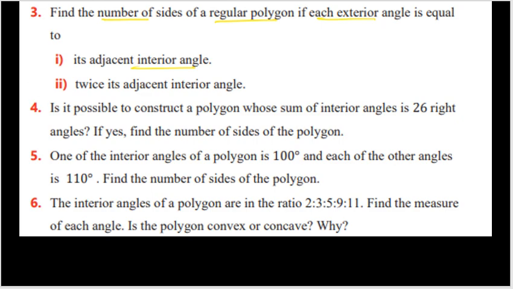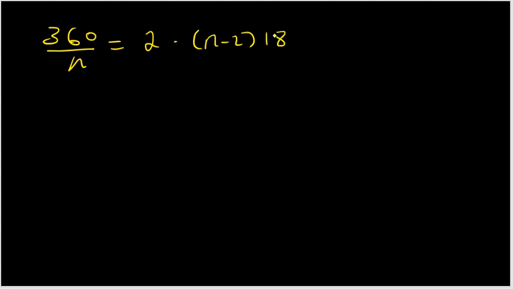And the second one says, what if each exterior angle is twice its adjacent interior angle? Okay, the exterior angle is twice. That means again the exterior angle, 360 over n, is equal to twice each interior angle, 2 times (n minus 2) times 180 over n.